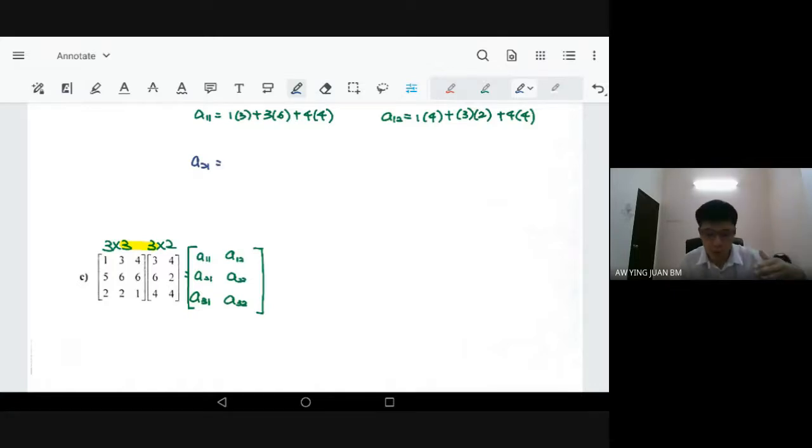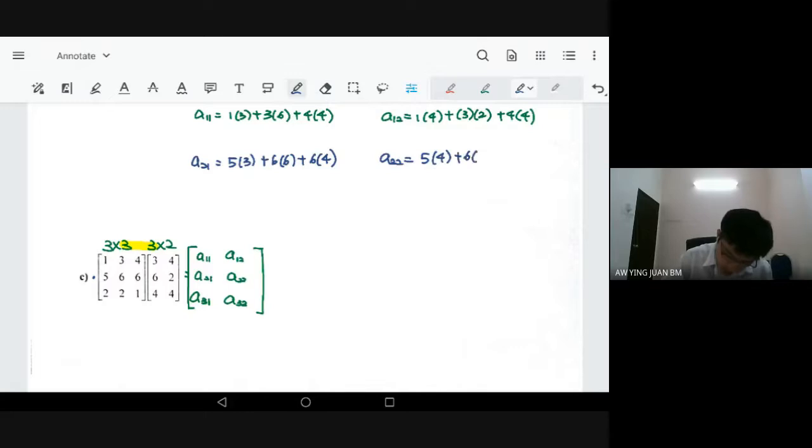So, row 2 bermaksudnya sini dengan column 1. So, kita ada 5 darab 3, tambah 6 darab 6, tambah 6 darab 4. Diteruskan dengan A22, masih sama, row 2, column 2. Iaitu 5 darab 4, tambah 6 darab 2, tambah 6 darab dengan 4. So, itu adalah prosedur yang anda perlu tahu.